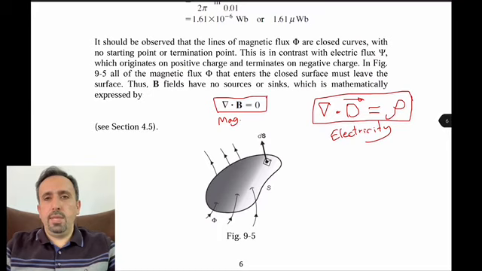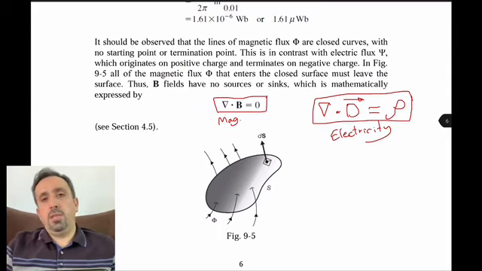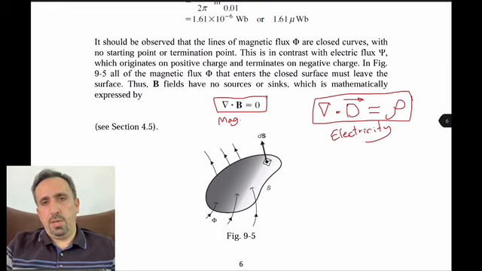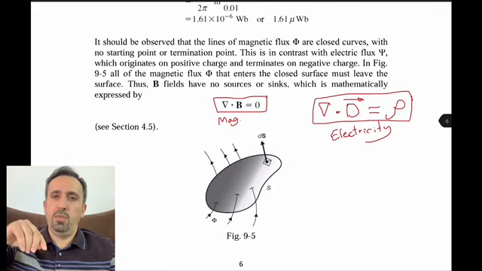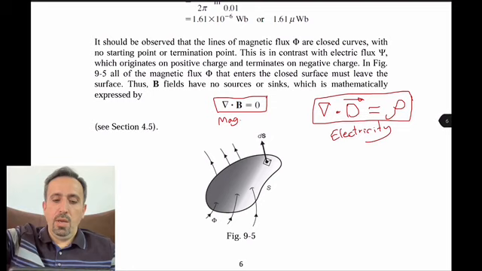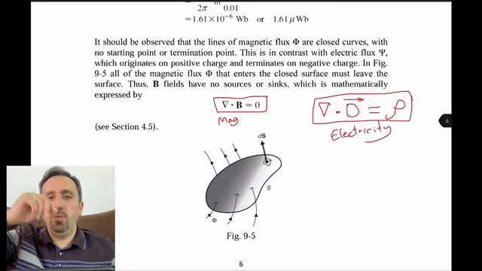In electricity, as discussed in chapter 2 and chapter 3, for getting an electric field or electric flux, you must have a source and destination, a starting point and an ending point. While here in magnetism, you will not have any starting point.